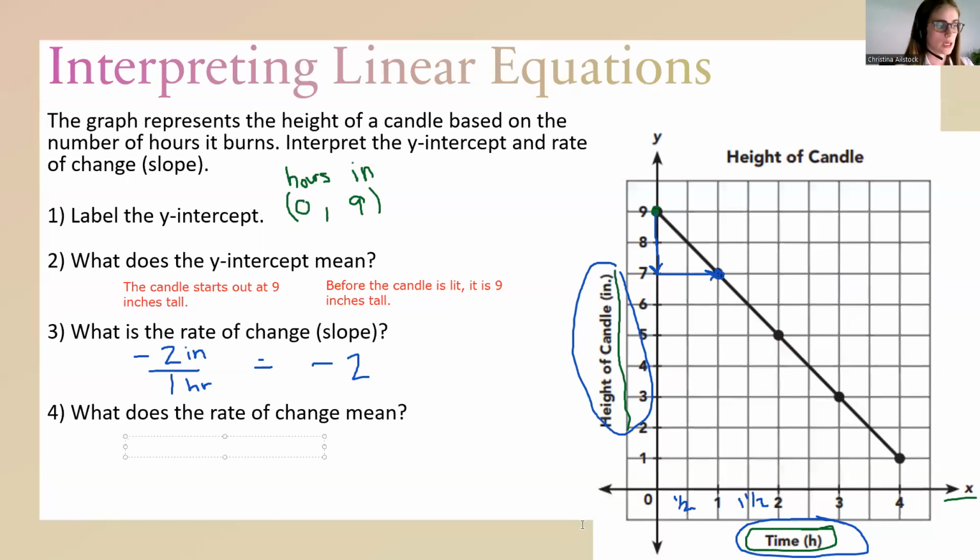So our rate is the candle decreases in height 2 inches every hour. And just like above, you could word it differently, but the main points to ensure you have is that it's decreasing. That's the word that tells us it's a negative slope. And then it's decreasing 2 inches every hour that it burns for.